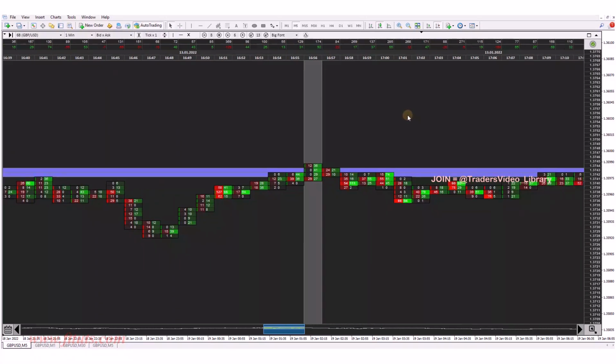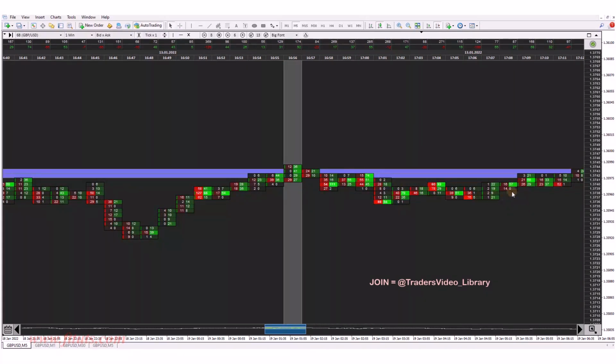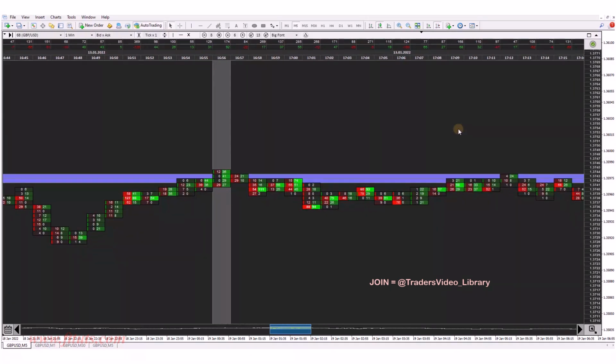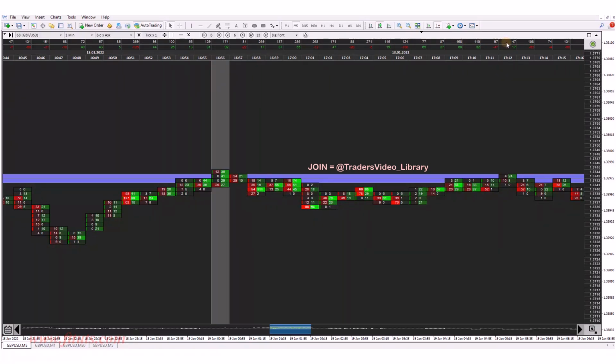So I'm waiting for a retest when price will come back to get a safer entry, and I'm looking at the volume. It was 168 while retesting, 110 going down, 97 and 47. Perfect, right? The volume was decreasing.